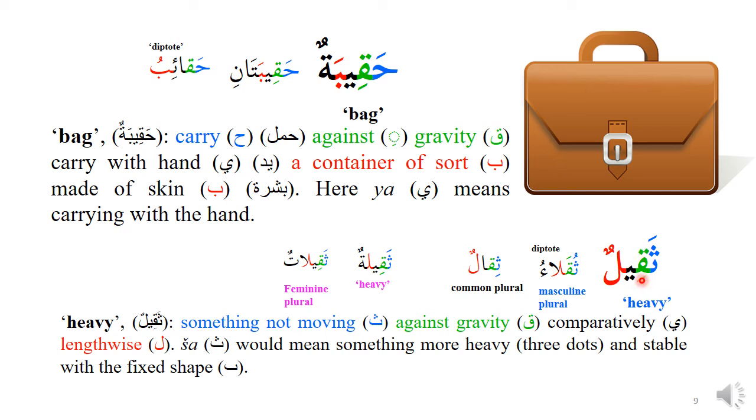So a movement is down. And this ya means relatively. So adjectives with ya at the third position would mean comparatively, right? And then the lam. So sakilun would mean heavy because of this, and then you have to move against gravity. Yeah, so sakilun.